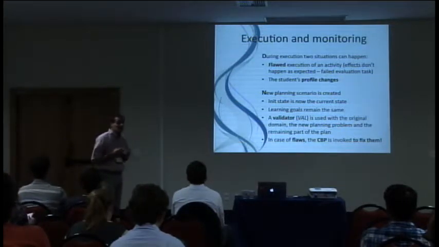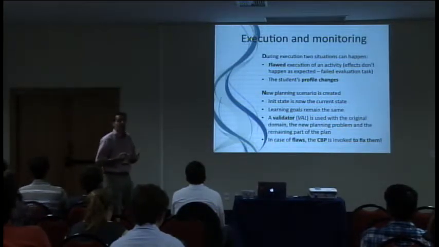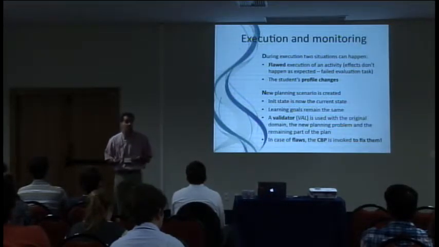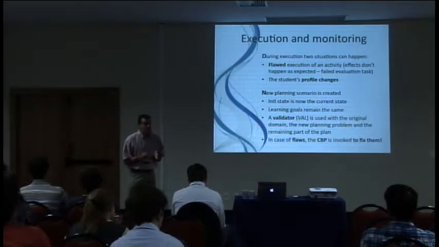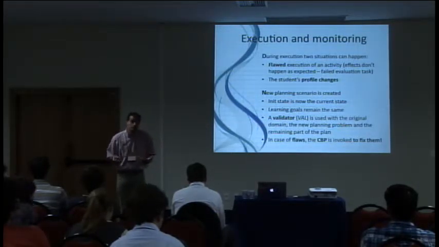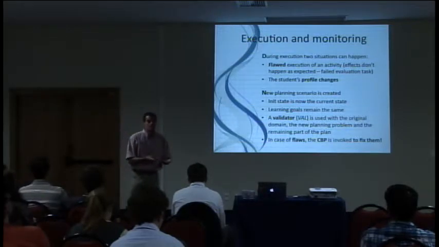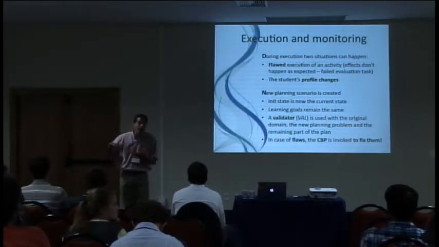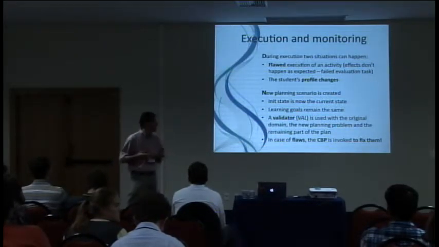The first one is that the evaluation of an activity didn't happen as expected. For instance, if we are doing an evaluation activity, we expect the student to pass that activity. But in some cases, the student doesn't pass the activity, so that means that the remaining part of the plan is no longer executable, no longer valid.